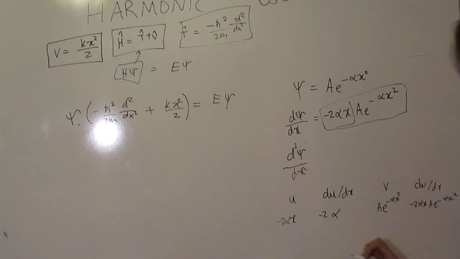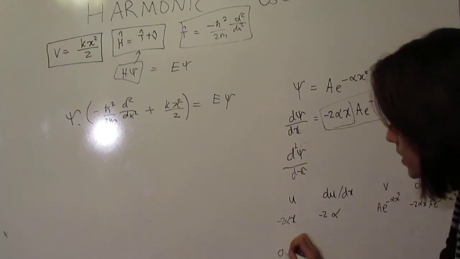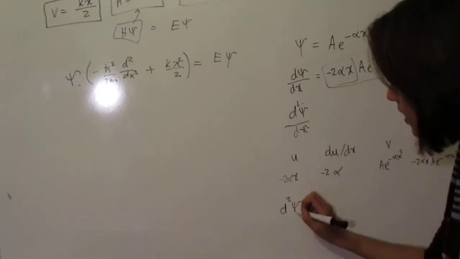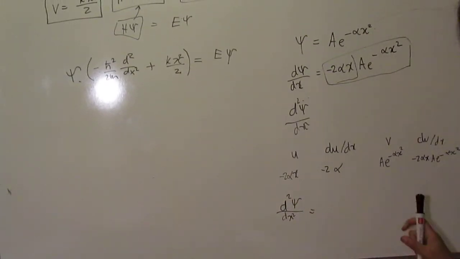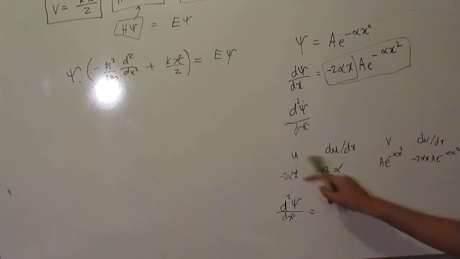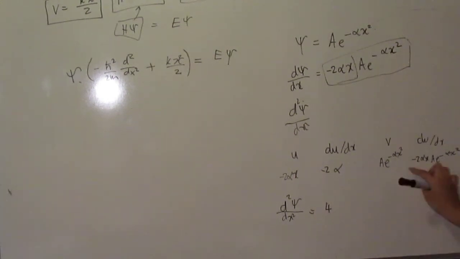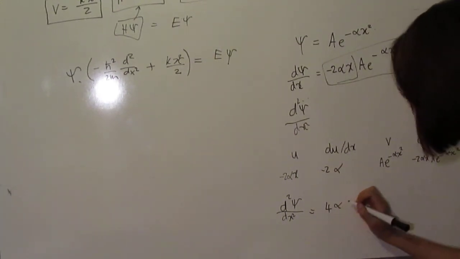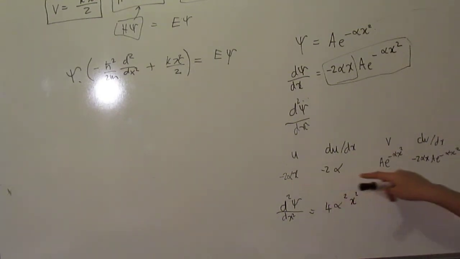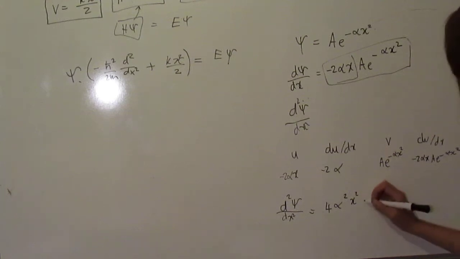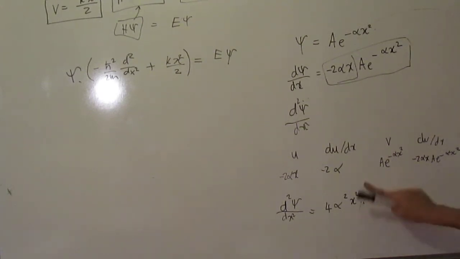So d squared psi over dx squared equals 4 alpha squared x squared, and we also know that a e to the minus alpha x squared is psi.